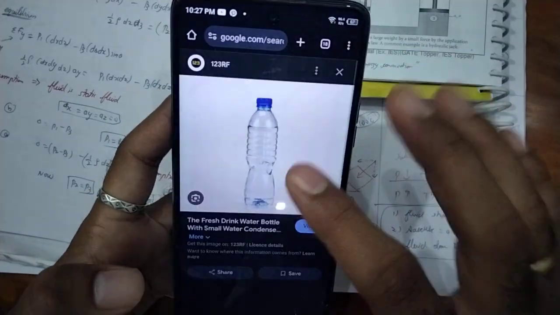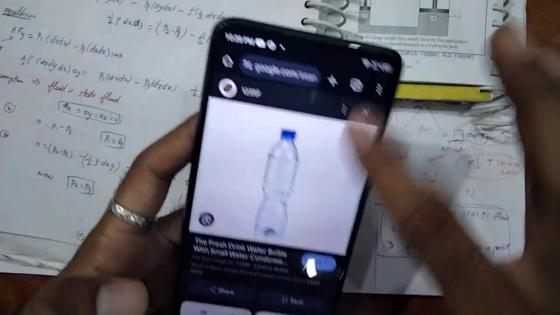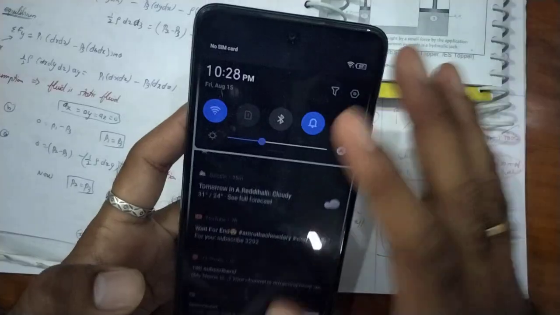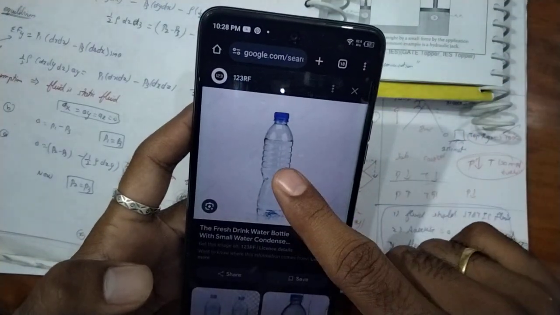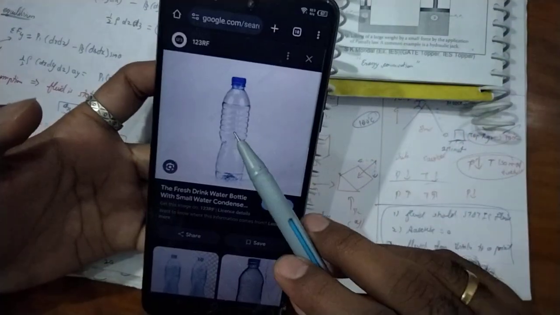See, you can see here, inside this the water is there. So the water, until now, is not moving.